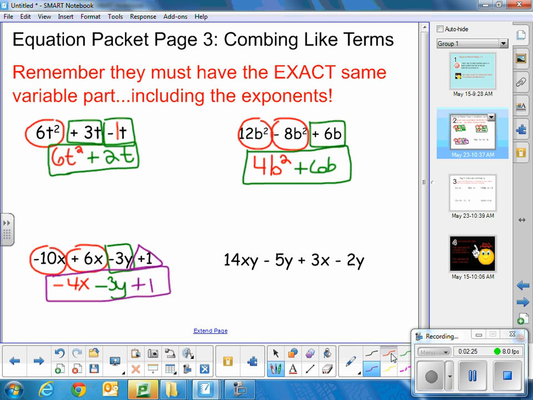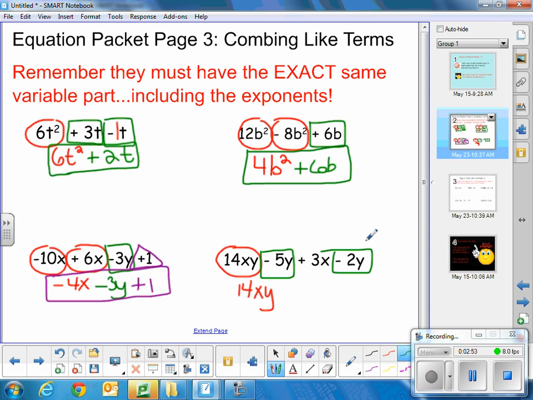Now in our last example, we have x's, y's, and xy's. This is the only one that has the variable part with an x and a y in it, so that's going to be written by itself, 14xy. And then the y's, we have a negative 5y and a negative 2y.